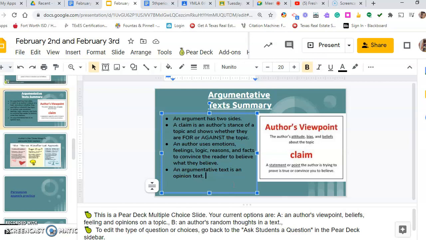An author uses emotions, logic, feelings, reasons, and facts to convince the reader to believe what they believe, and to do something within the text. An argumentative text is an opinion text.